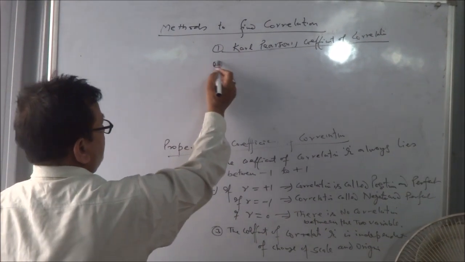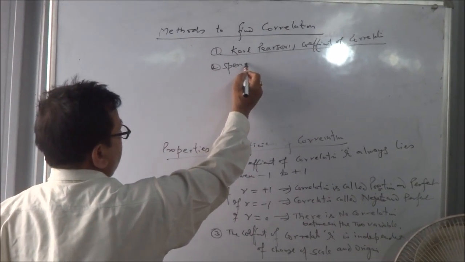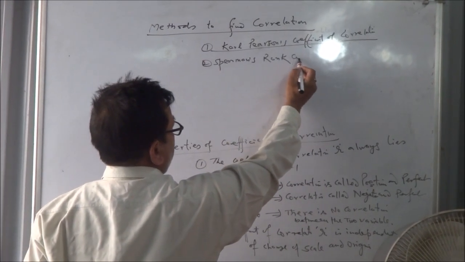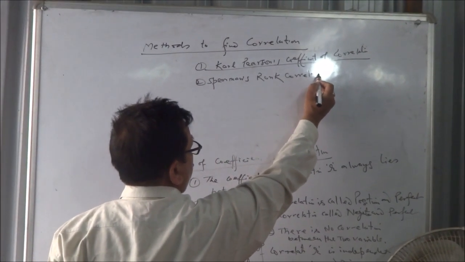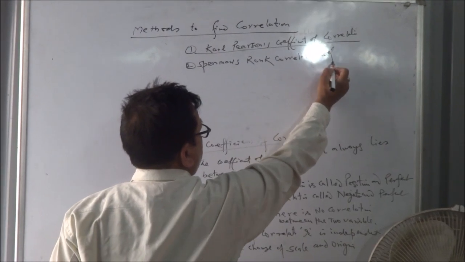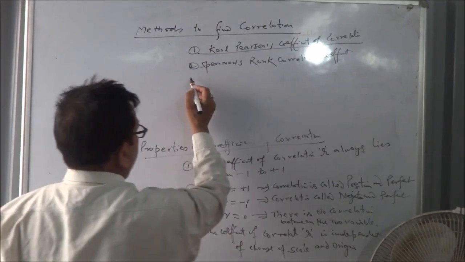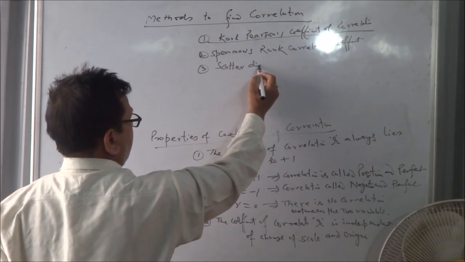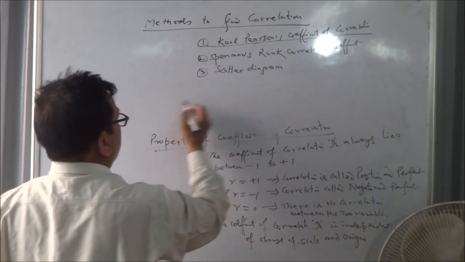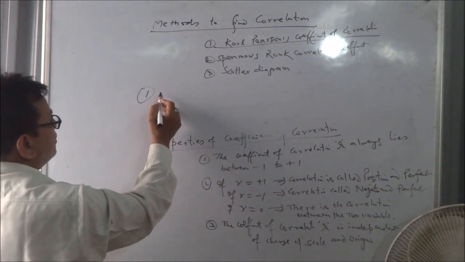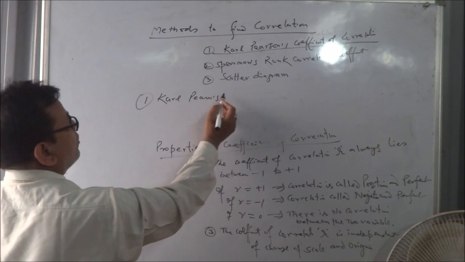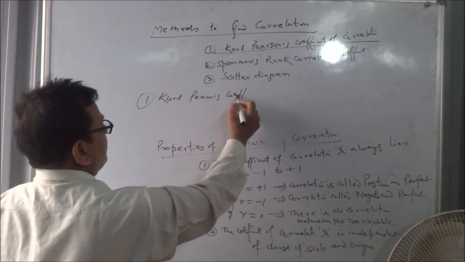The second one is Spearman's rank correlation coefficient. And the third one is the scatter diagram. Now we come to the first one, Karl Pearson's coefficient of correlation.